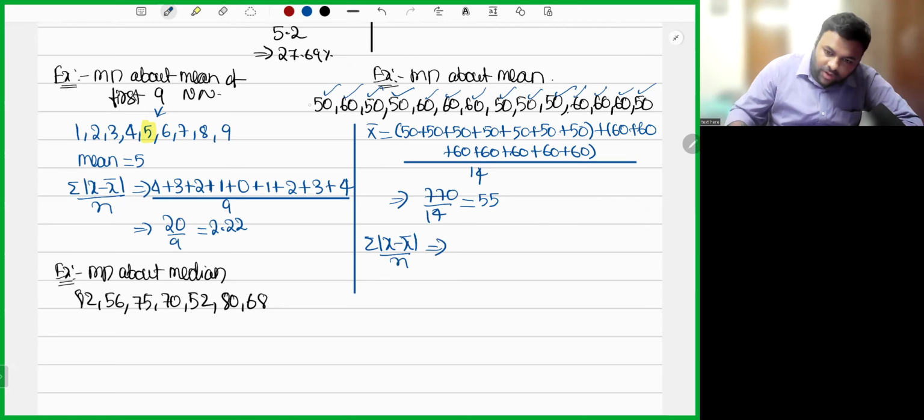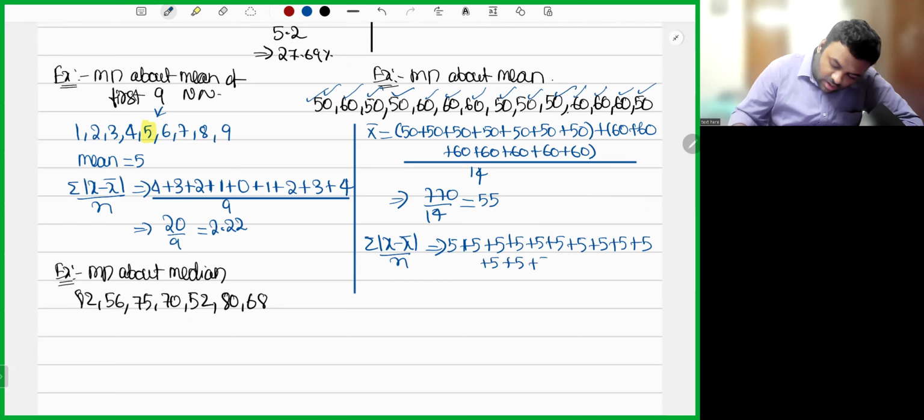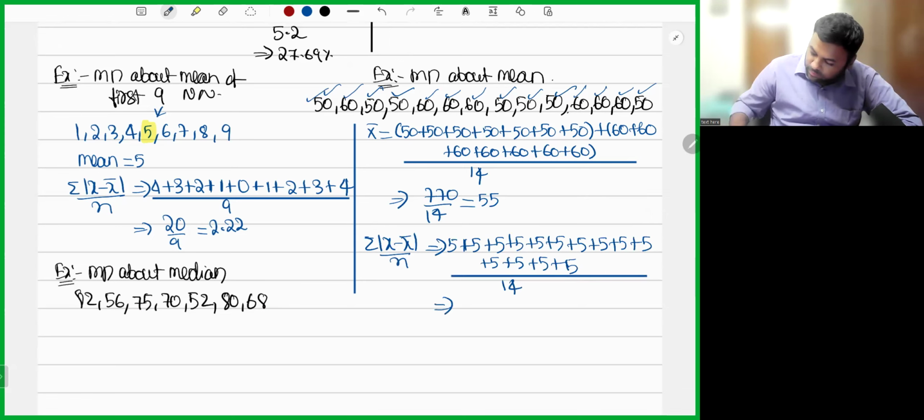Now summation of modulus x minus x bar, by n. What is 50 minus 55? 5. 60 minus 55? 5. Everywhere it is 5, fourteen times, whole divided by 14. 70 by 14, which equals 5.